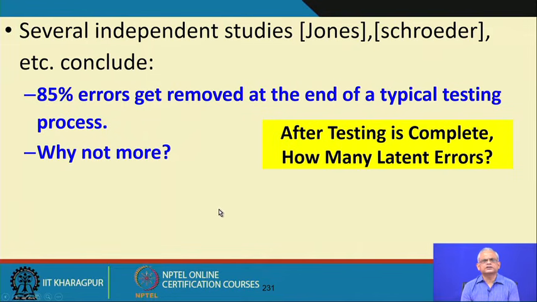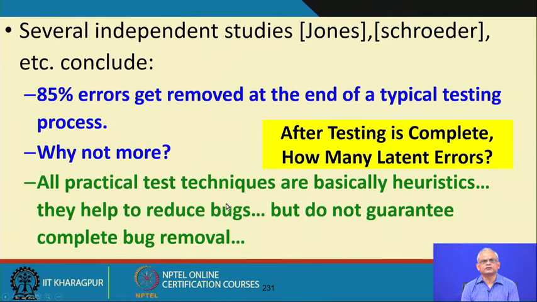The answer to this question is that all the testing techniques that we will discuss are basically heuristic techniques, and these do not guarantee that they will detect all errors. So, all the testing techniques are heuristics.